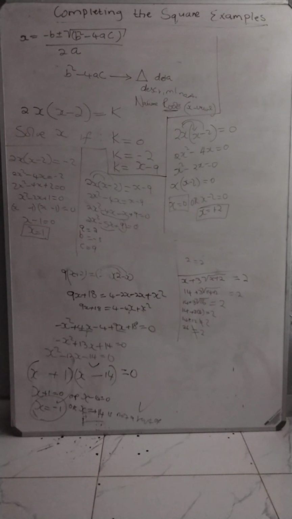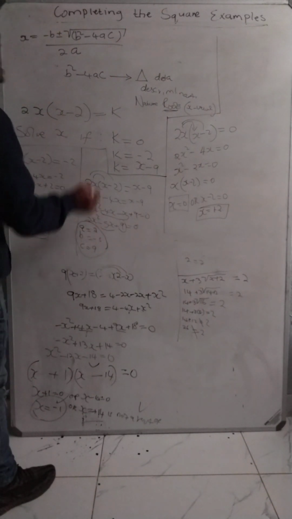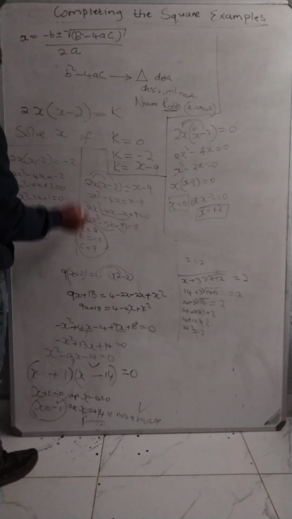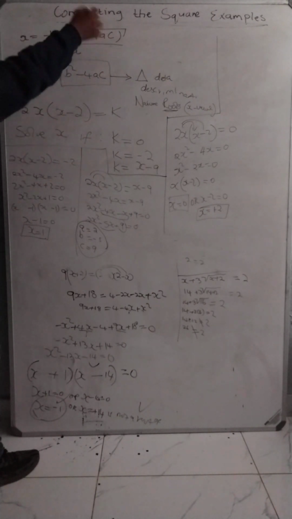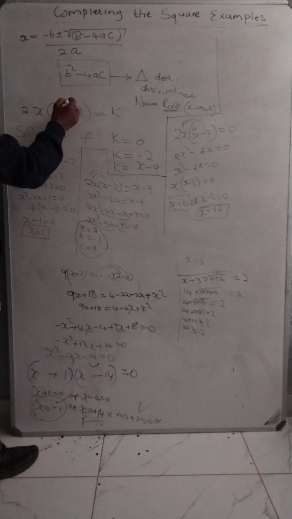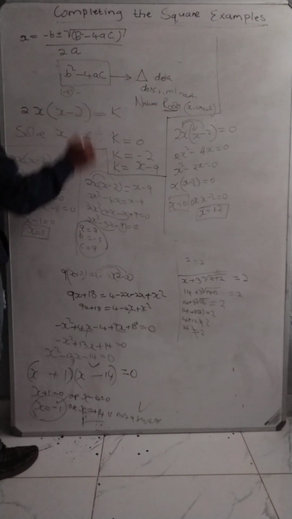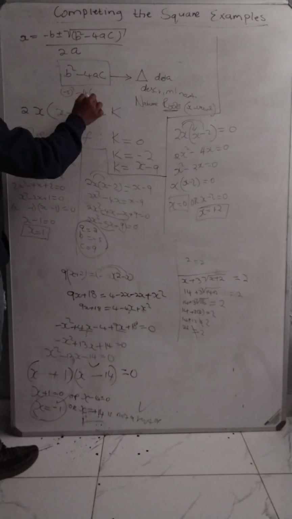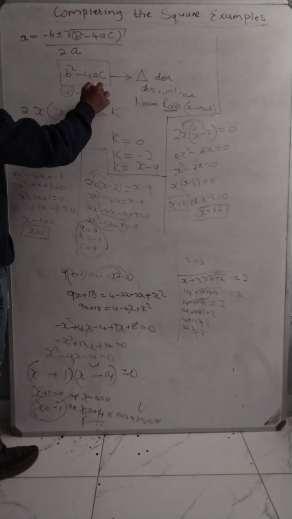If you plug this into your quadratic formula, but let's just put it here a bit before we even put it there. You have your B squared, which is -5 squared, and then you have your 4A, which is 2, and then your C, which is 9.